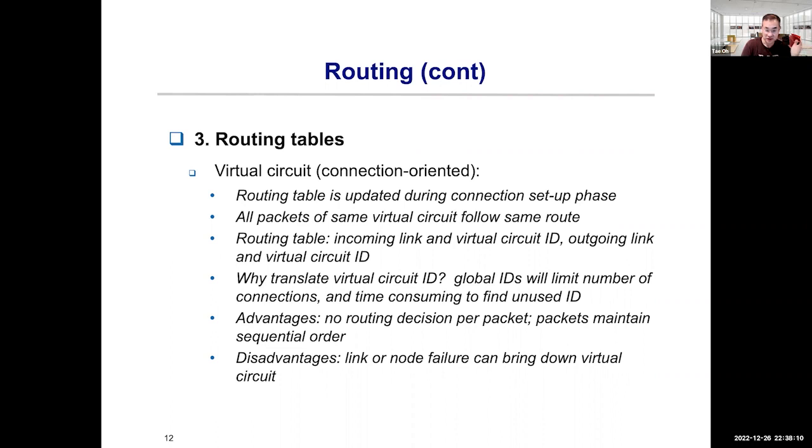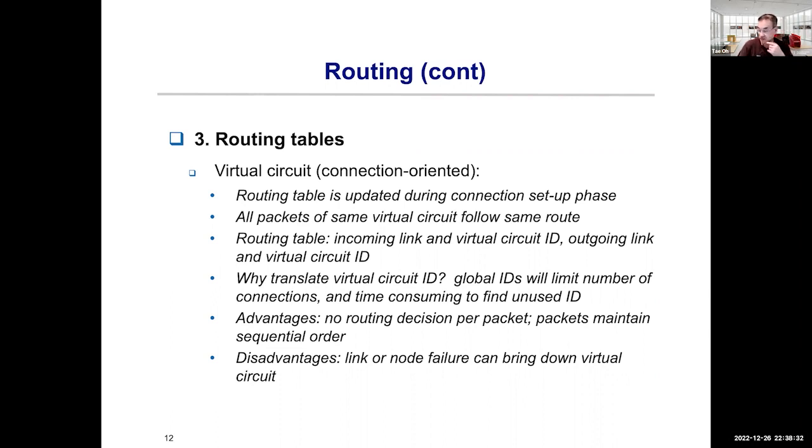The advantage is no routing decision per packet. It doesn't have to think about it, it just uses the routing table to send it from one node to another. The disadvantage is that if a link or node failure occurs, you bring down the whole virtual circuit.